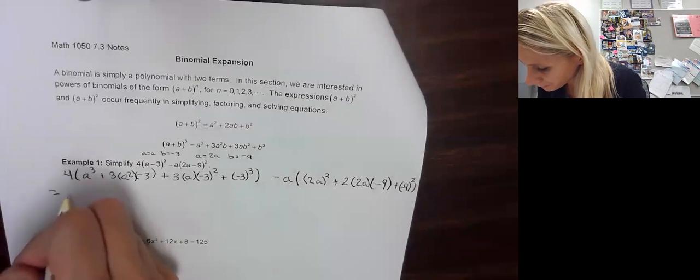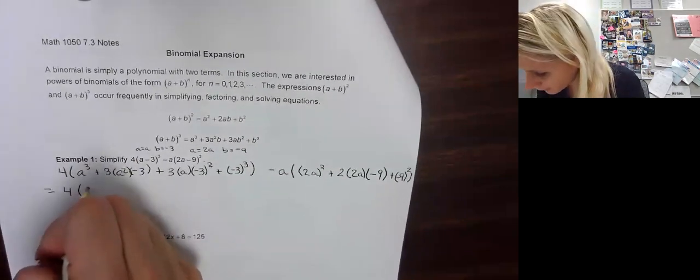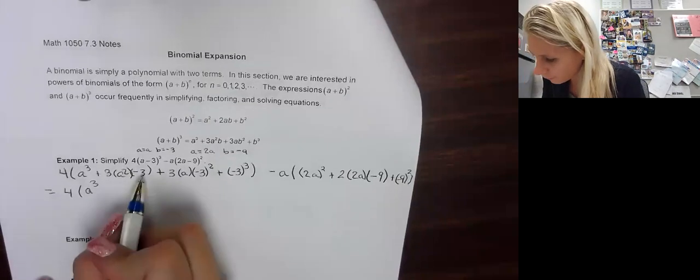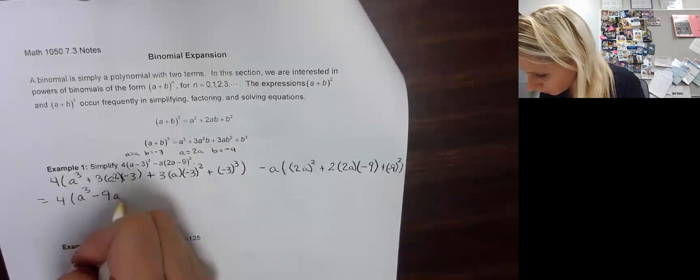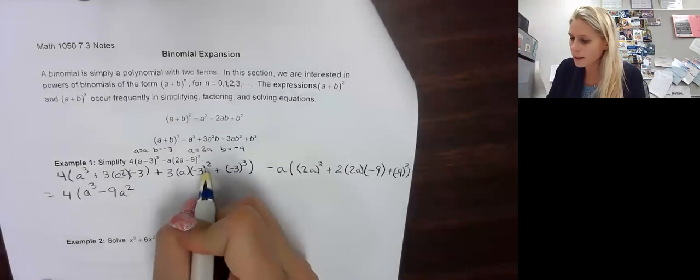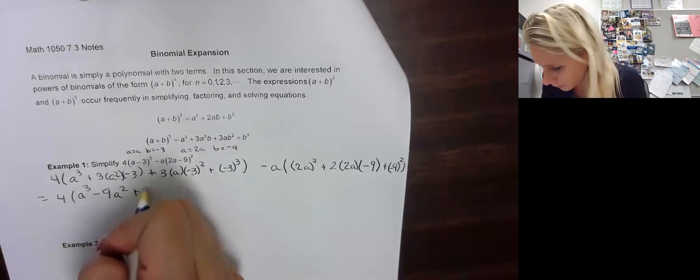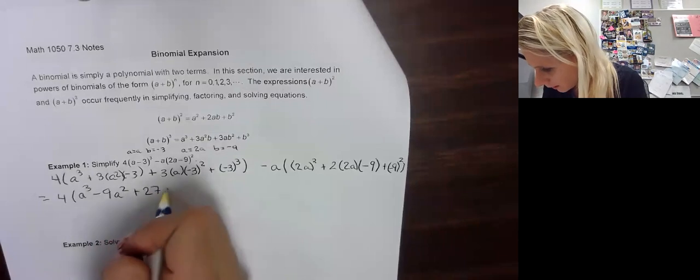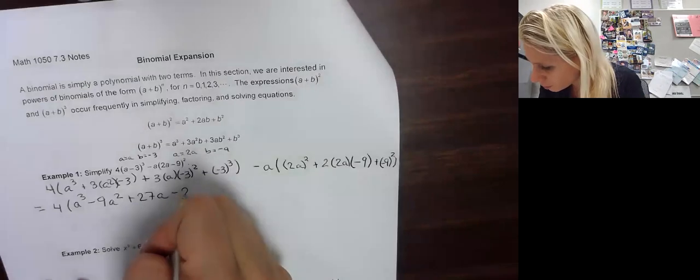I'm going to simplify this inside first here, which is a cubed. -3 times 3 is -9, so -9a squared. -3 squared is a +9. +9 times 3 is +27a. And -3 cubed is a -27.